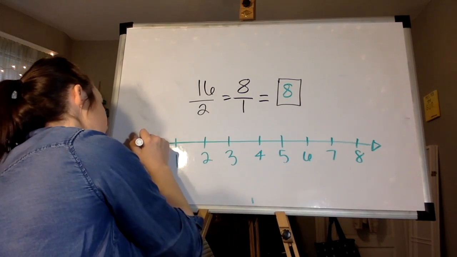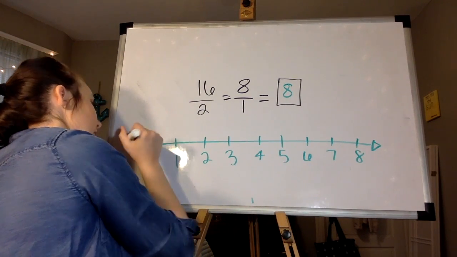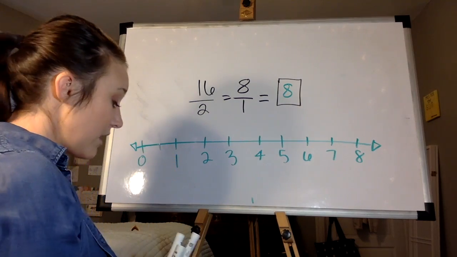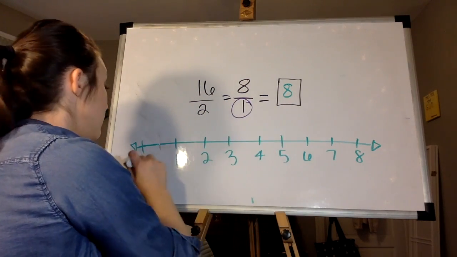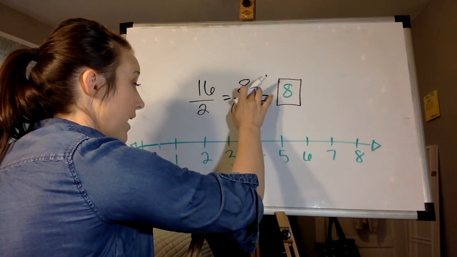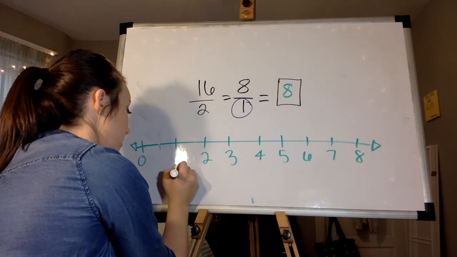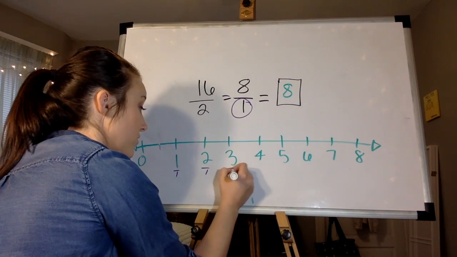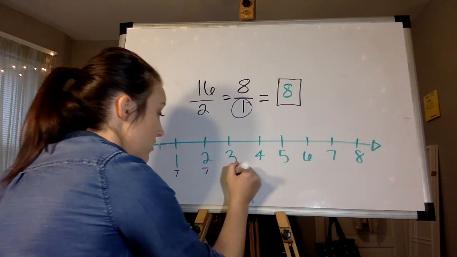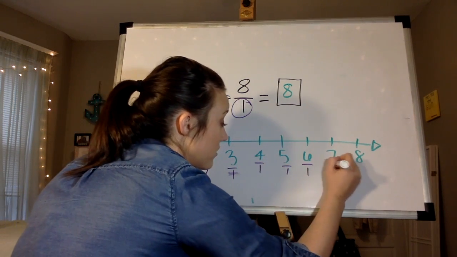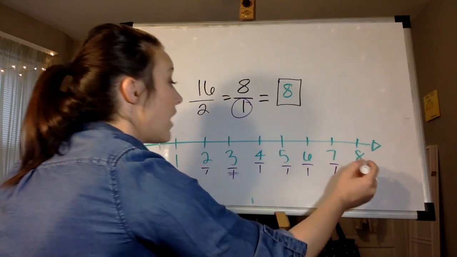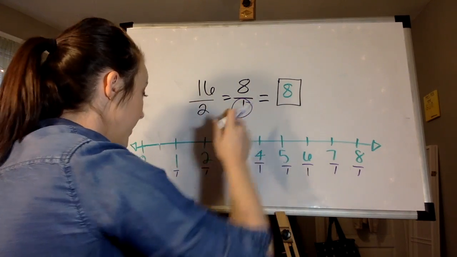Okay, so I've got my 8 wholes there. How many hops of 1 do I do? Well, to get to 8, my 8 is my numerator because this would be 1 over 1, 2 over 1, 3 over 1, 4. I would have to do 8 hops, okay?